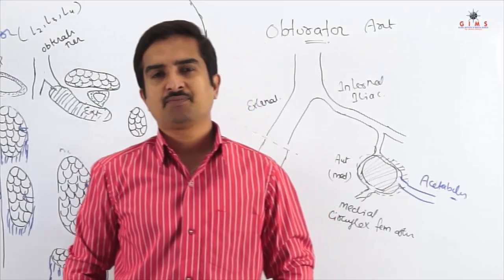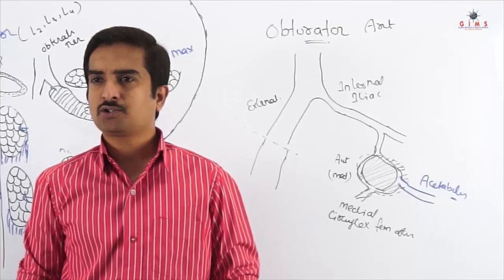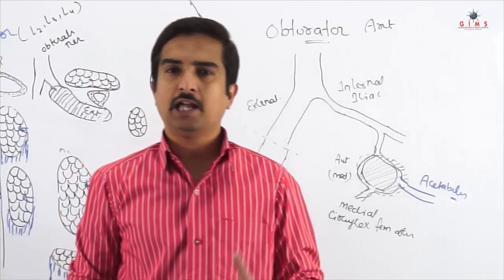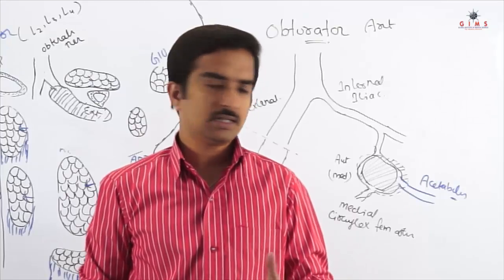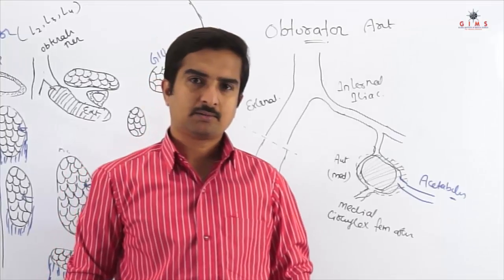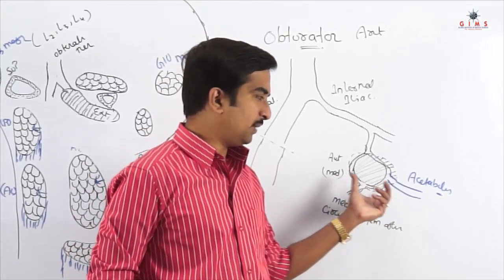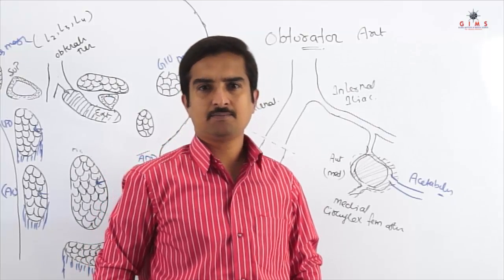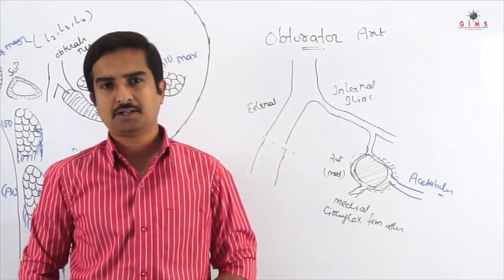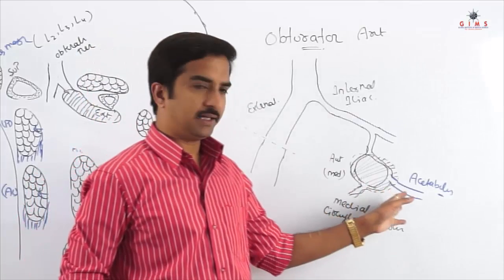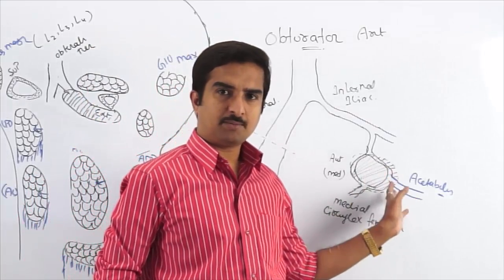Not only that, in that region it also sends a twig to the head of the femur and along the round ligament. So this is the blood supply of the posterior division of the acetabular artery. Okay, so mainly it is supplying the acetabular fossa.